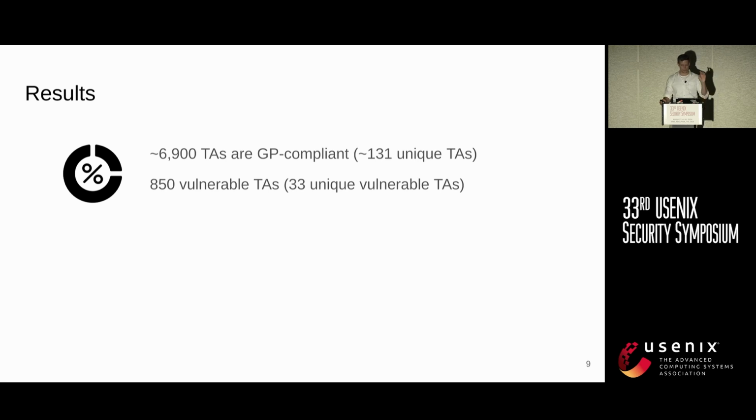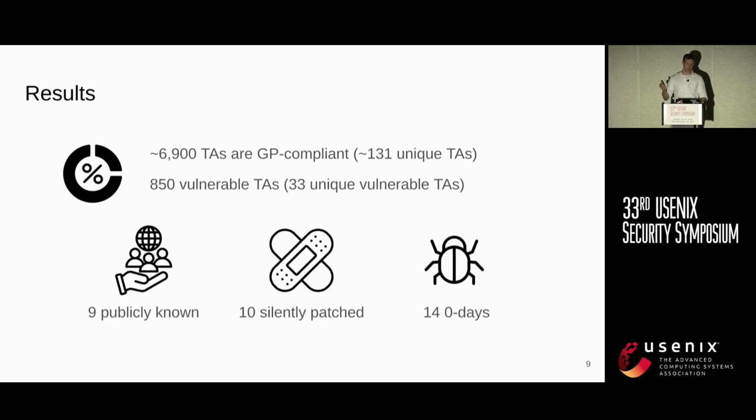And that boils down to 33 unique vulnerable trusted applications. So 9 out of these 33 vulnerabilities were actually publicly known. So we found either CVEs assigned or security bulletin entries for these. 10 of them were silently fixed by vendors. So there was no advisory that the TEE has been vulnerable for some time.